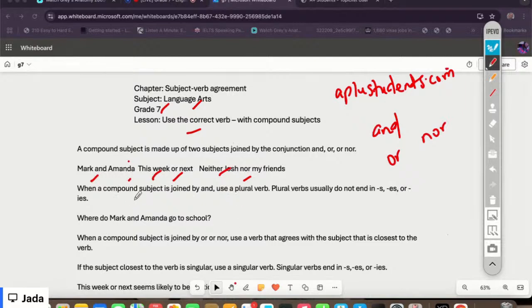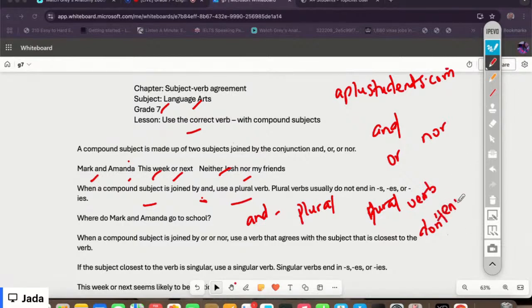So when a compound subject is joined by and, use a plural verb. Immediately you see and, you know that it is automatically plural, so you need to use the plural verb, okay? Now, plural verbs usually do not end in s, es, or ies.